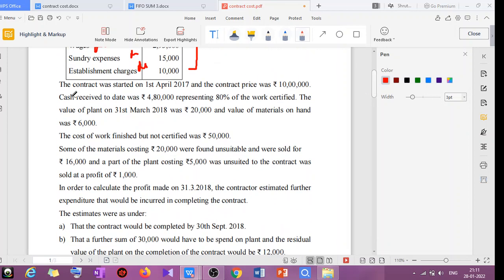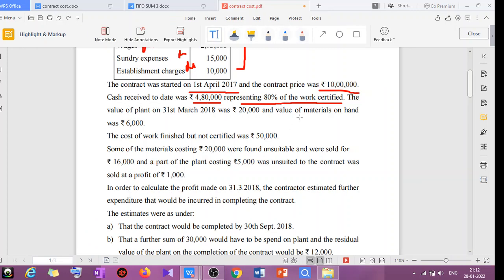Then the contract was started on 1st April 2017 and contract price is 10 lakh. Cash received to date, rupees 4,80,000, representing 80% of the work certified. It means this 4,80,000 which is given in the question is the cash received.